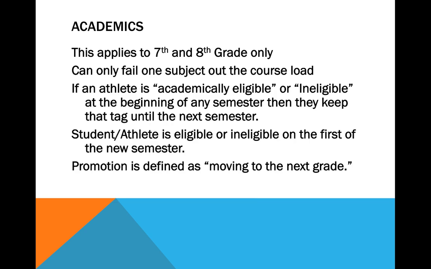So make sure we keep check on the tabs on that. Usually when we run the eligibility list, we'll check all those things. And hopefully we have a hierarchy of checking the academic eligibility of each student, whether they transfer in from other school systems or from another school within our system.